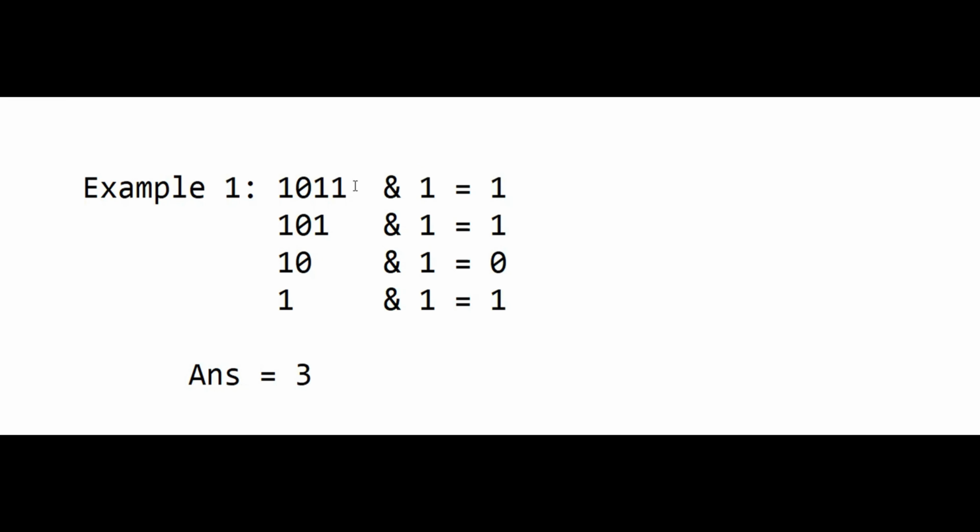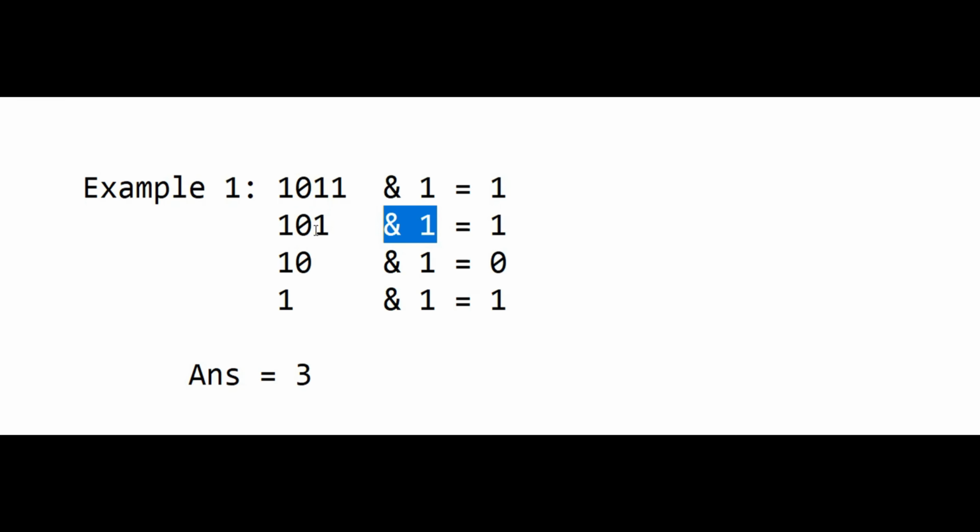After that, we have to divide 1011 by 2, and the rightmost bit will be discarded. So the resulting string will become 101. And we have to perform the AND operation with it once more, and the result will also be 1.